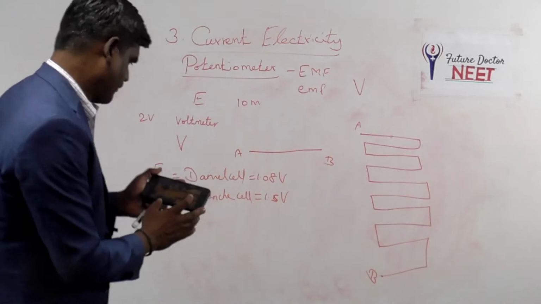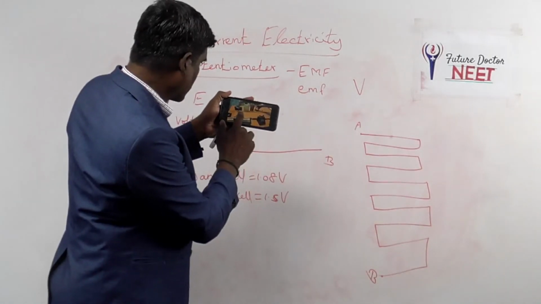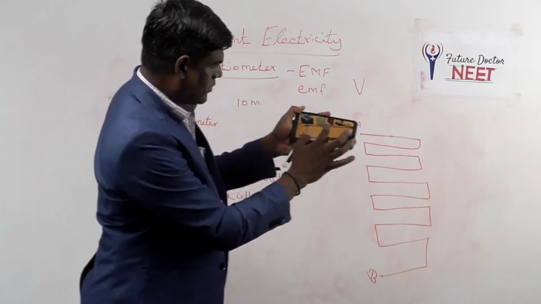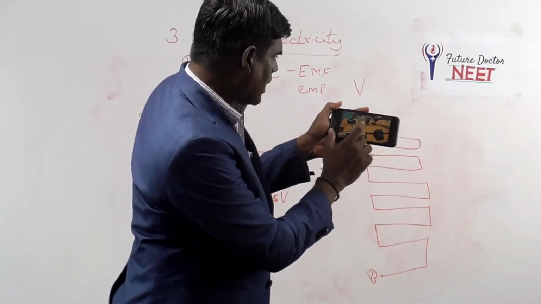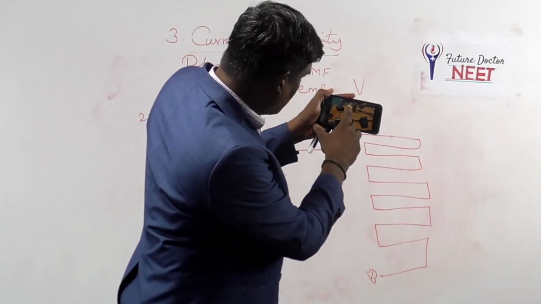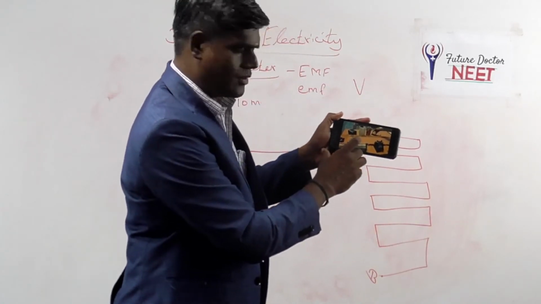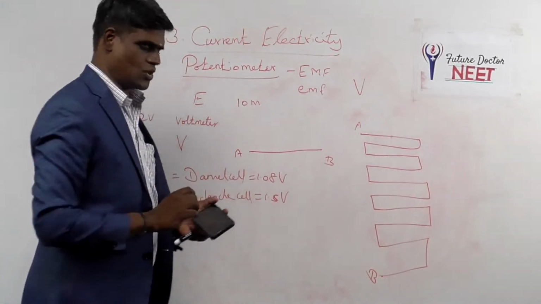This is a potentiometer, a 10-meter wire, goes like this. AB I mentioned, able to see? And this is the Leclanche cell, this is the Daniell cell. Leclanche cell 1.5 volt, Daniell cell 1.08 volt.